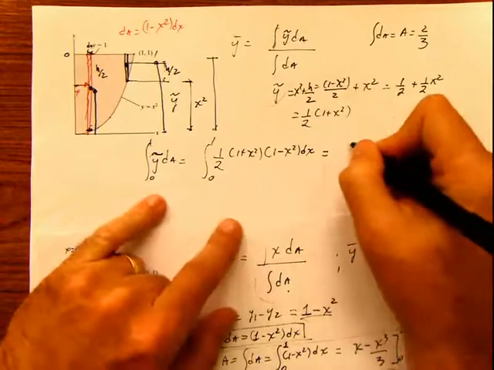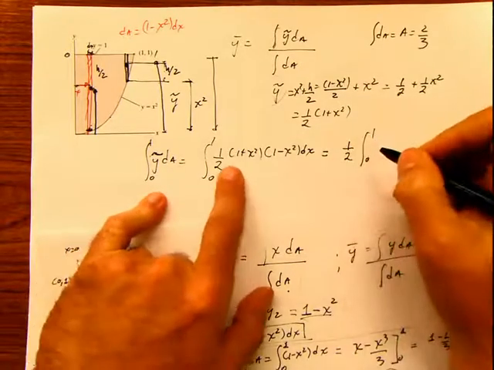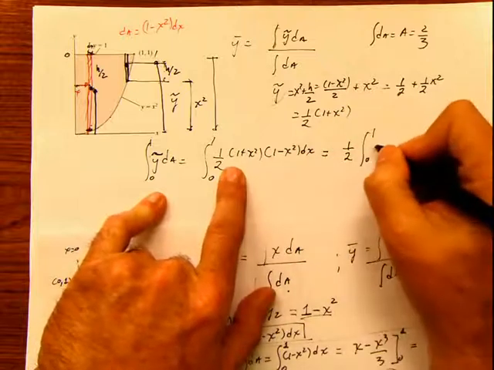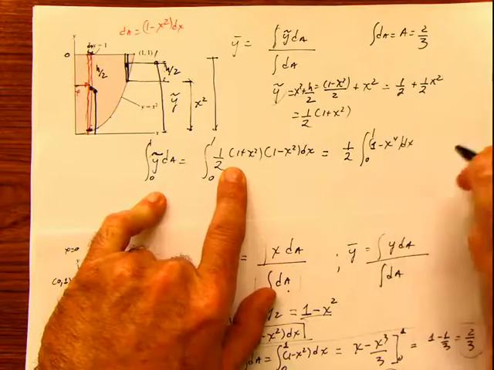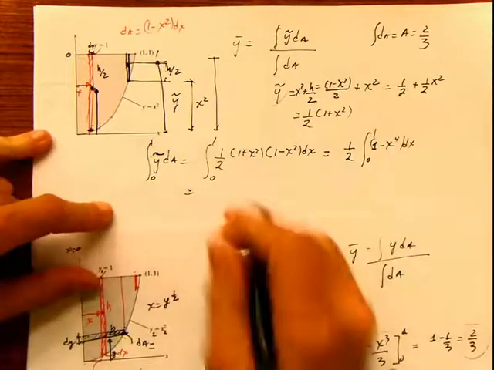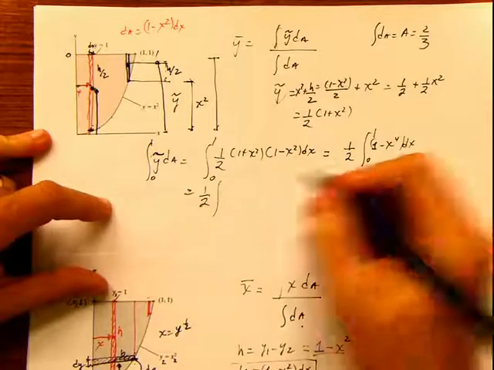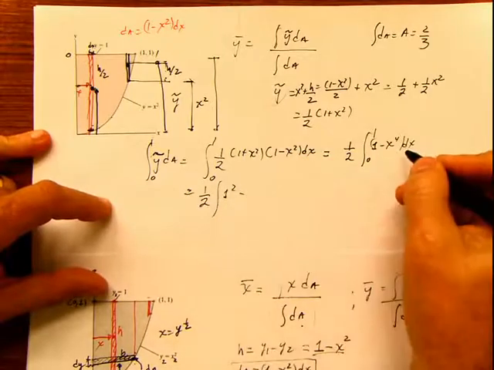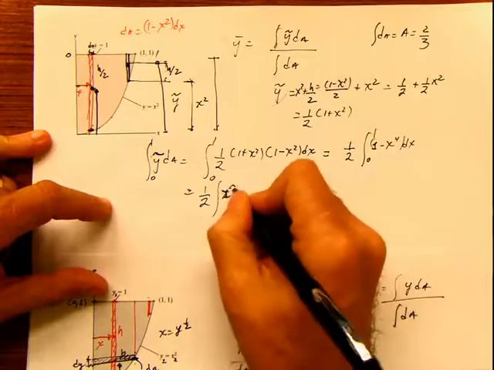If you do this, this is going to be 1/2 integral 0 to 1. This is a product of a sum by its difference, so it's going to be 1 minus x to the 4th dx.